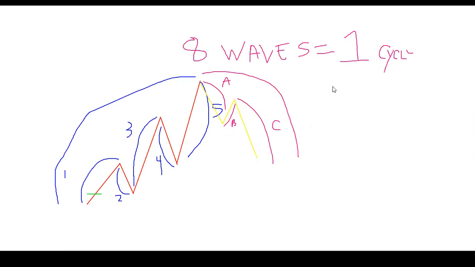Now, depending on what kind of trend you're in, after this 8 wave cycle, guess what you're going to do? You're going to start another cycle of 8 waves going up if you're in an uptrend. So you'll have another 5 waves going up and then another 2 coming down in the retracement. That's what we're referring to when we talk about cycles within cycles, okay? Let me erase this real quick.